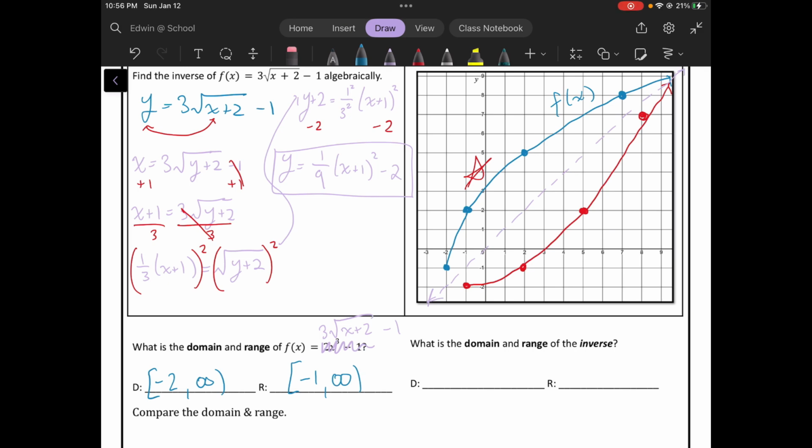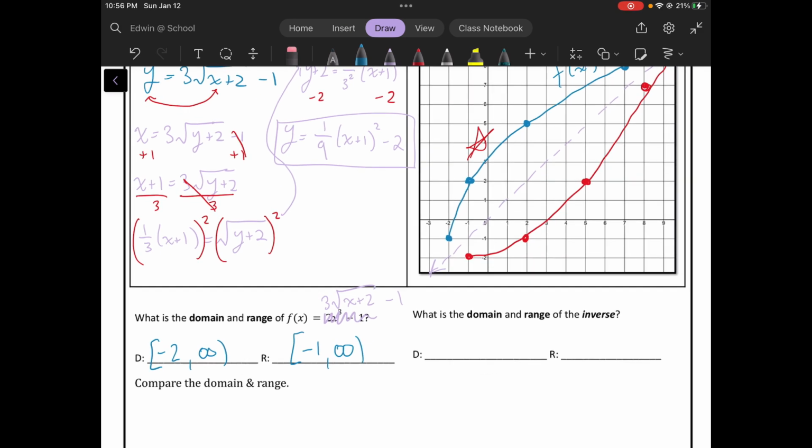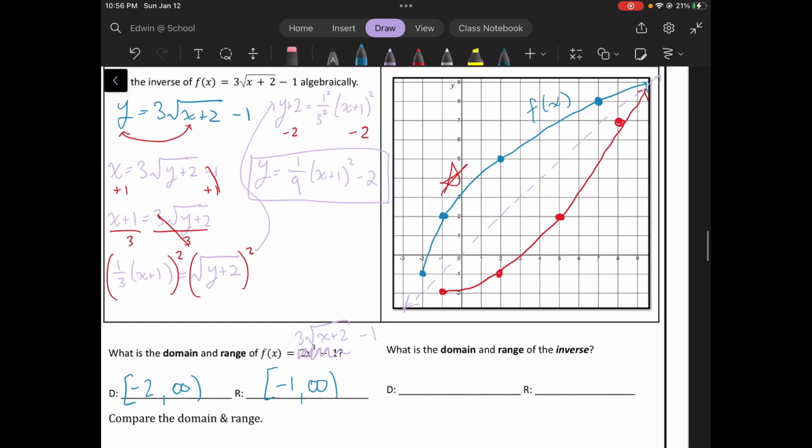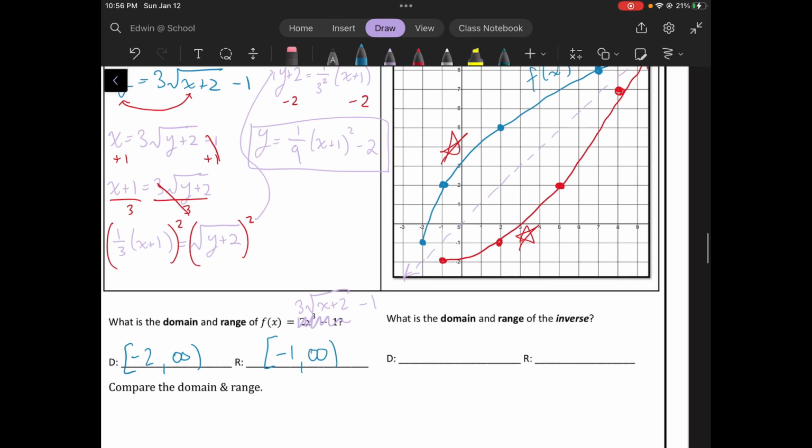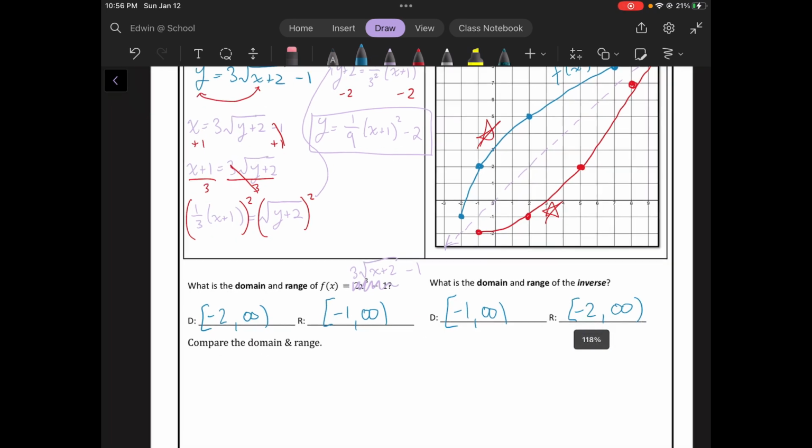And now when we're analyzing the domain and range of the inverse, we notice that this time it is perfectly flipped. So the furthest point of the inverse, which we are talking about right here, is -1 on the left all the way to infinity on the right. And the lowest point on the range is -2, and the highest is infinity.